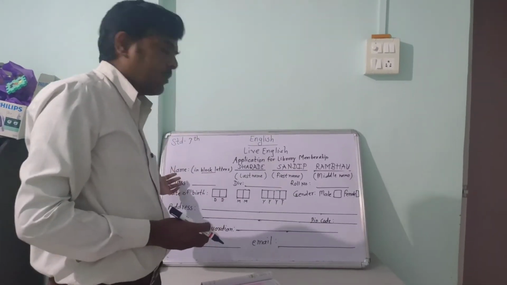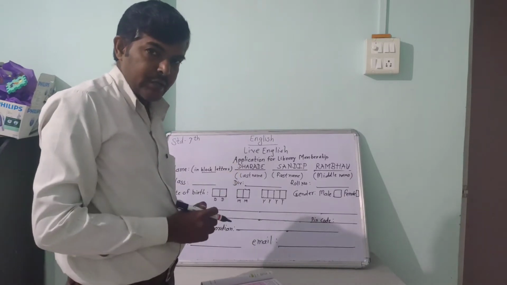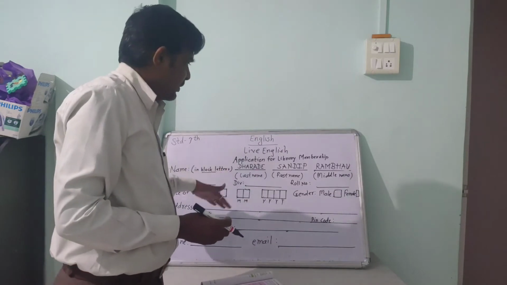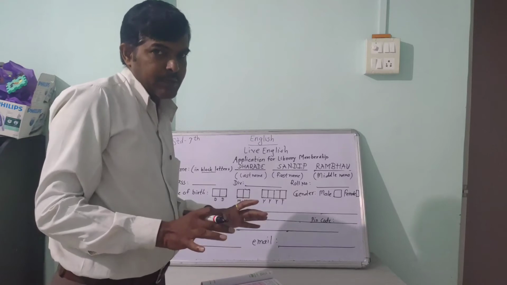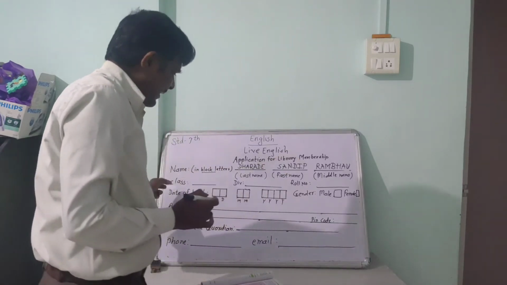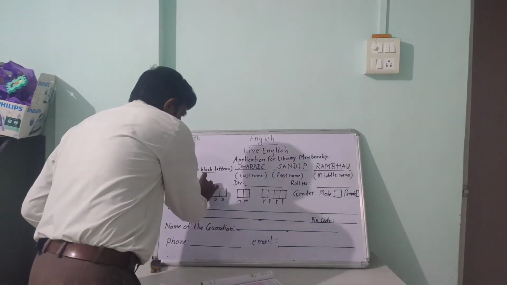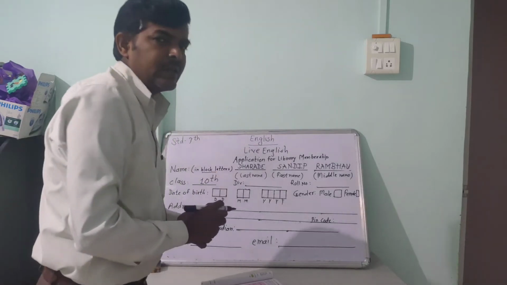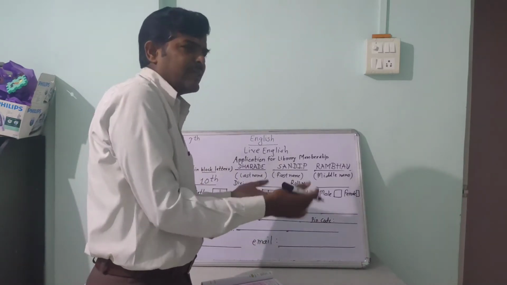Then look, there is our educational qualification, the class. As we know, it is the application for library membership, which means students can fill that form. Suppose I am in the 10th standard, so you have to write down only the numeric rank. Which division? It will be A or B or C division.